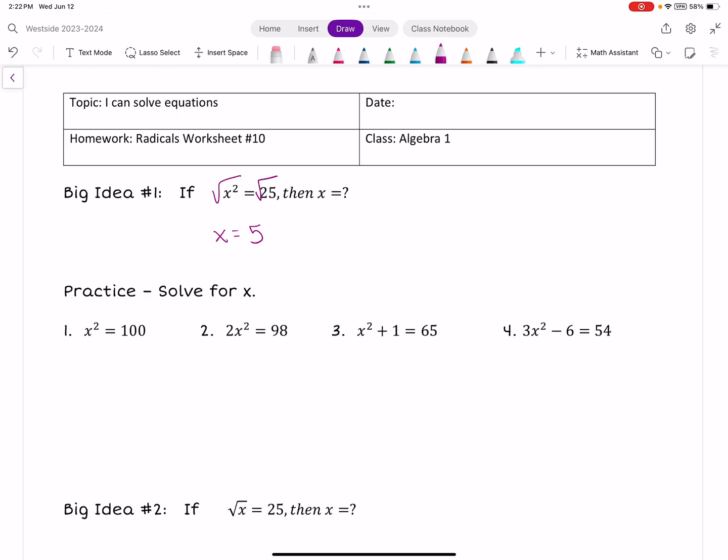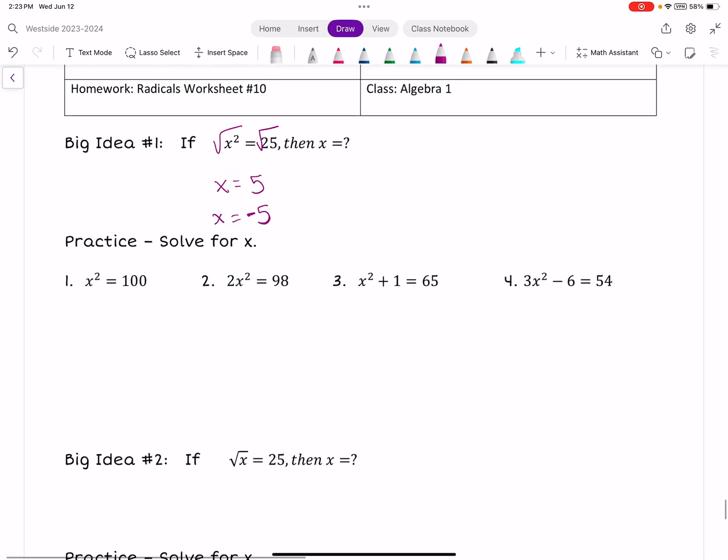But there's also another number that I can square, and so I can also square negative 5. Negative 5 times negative 5 is also 25. So when I'm solving an equation and my equation has an x squared in it, I'm actually going to get two answers.